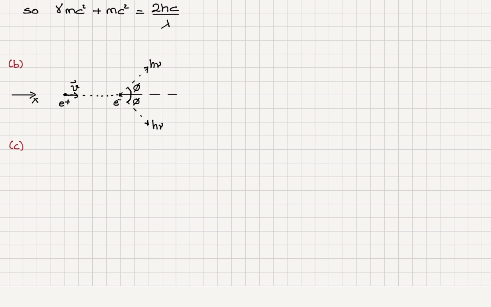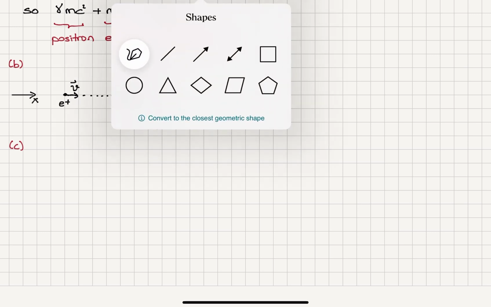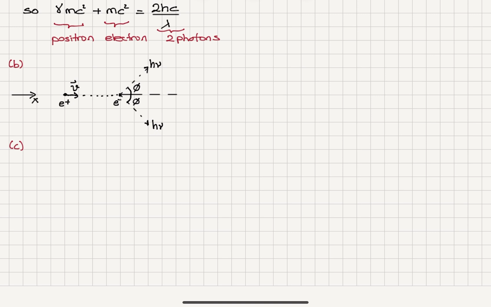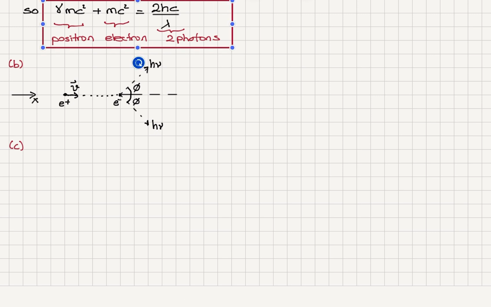Now you can see here, this term comes from the positron, this term comes from the electron, and this is the energy of the produced two photons, because the positron and electron get annihilated. So that's our answer to part A of the problem.